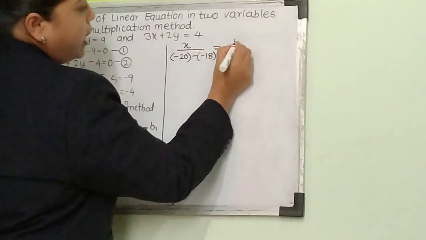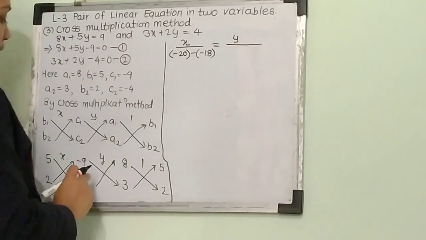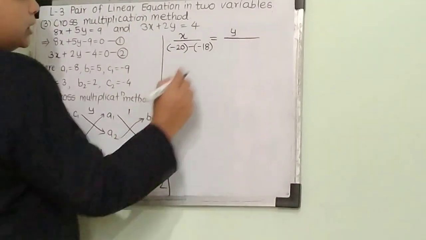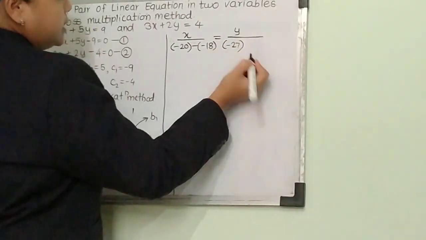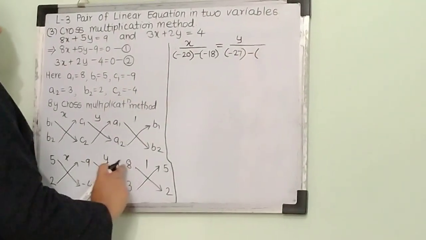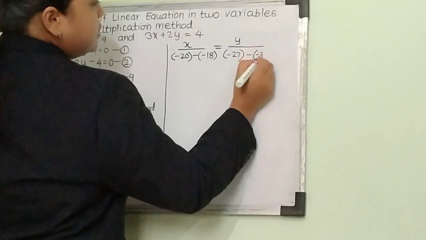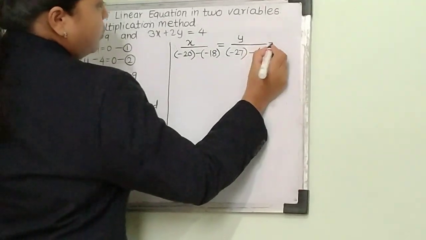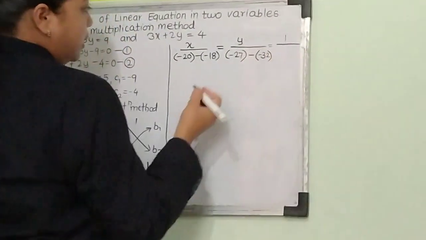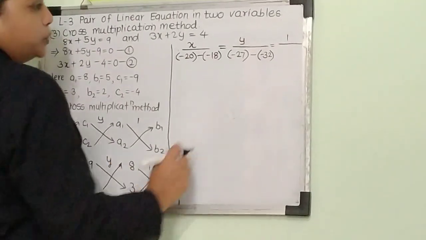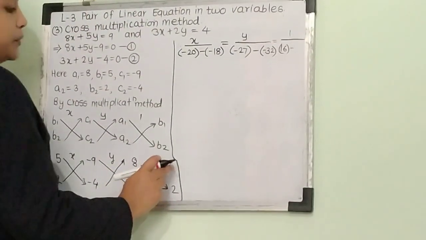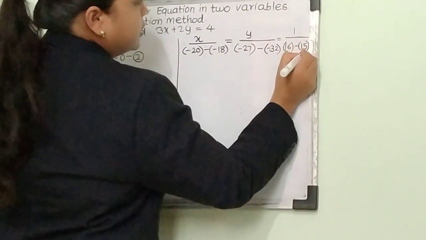Then for y, again here we have to multiply c1 into a2, that is minus 9 into 3, that is minus 27. Again the middle minus sign will be there and minus 4 into 8, that is minus 32, equals to the last, that is 1 upon, again here we have to multiply 8 into 2, that is 16, minus 3 into 5, that is 15.